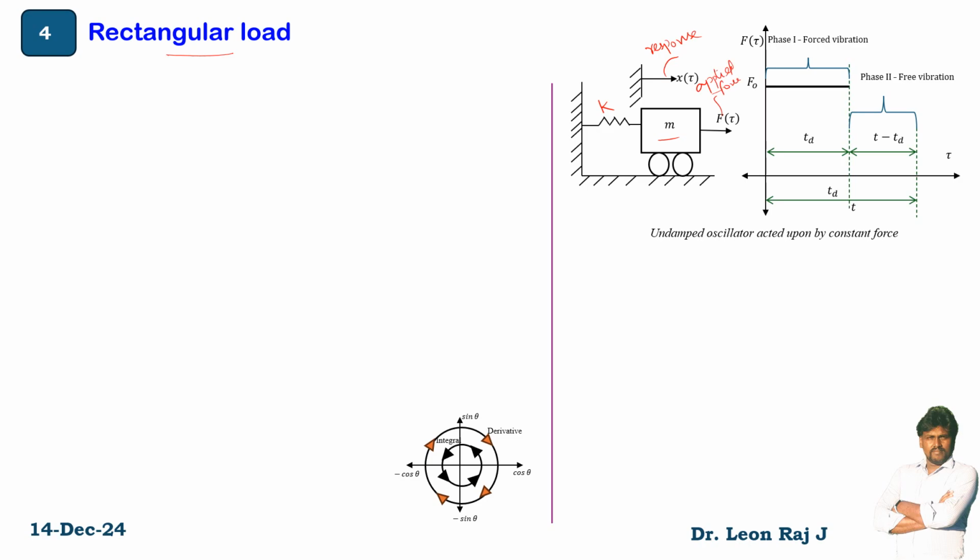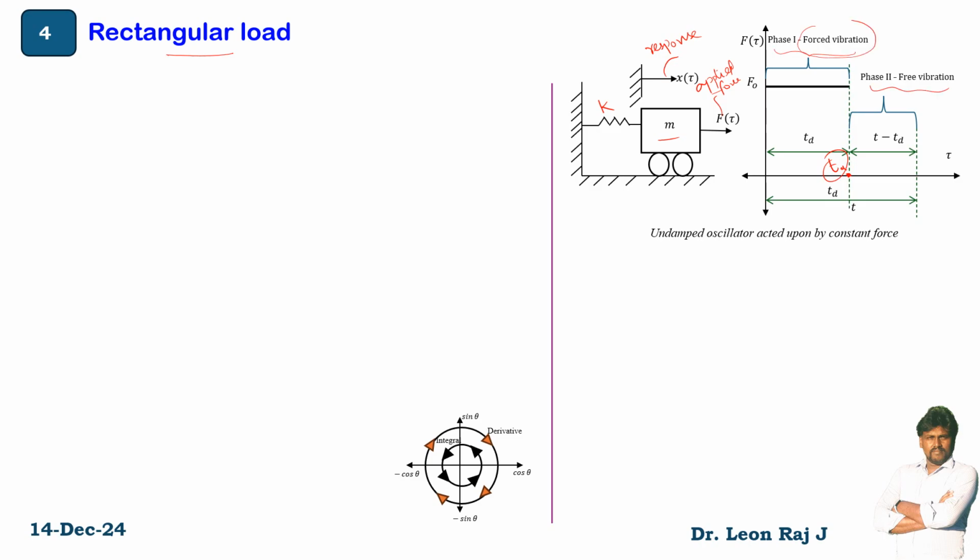When the applied force is applied for a time period Td, that type of load is nothing but rectangular load. So you have two types of responses, response in phase 1 and response in phase 2.